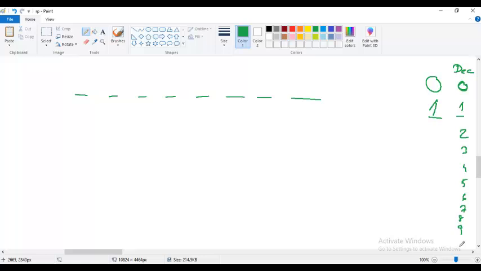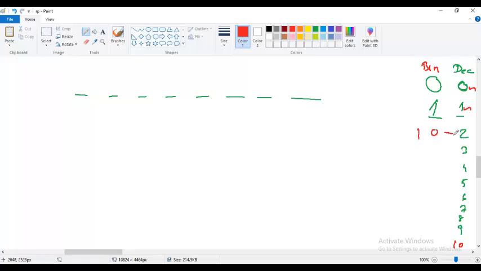Likewise, in binary, there are only two numbers. If you say 1 0, it is not a fresh number. It may indicate 2, but is it a fresh number? No. You have used this one and this one. So binary is only 2.